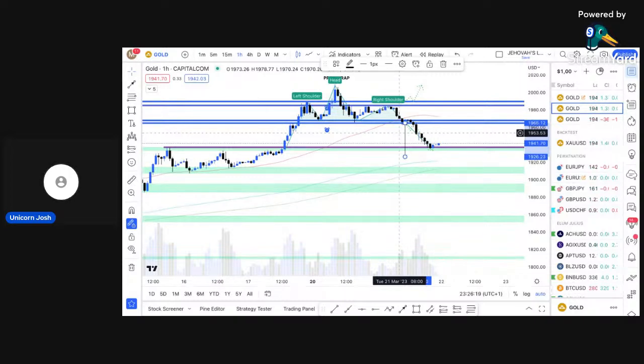Apparently, when this was playing out, I did not notice this formation. I did not notice it because I was too focused on what I expected, or should I say, what I wanted the market to do. I was looking at the market going up. I was paying attention to a buy setup.